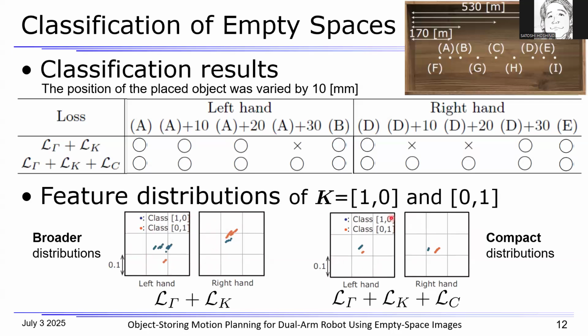But on the other hand, on the right, the distributions were more compact. So this result indicated that deep metric learning enabled the classifier to extract distinct feature vectors even from these visually similar images. That's why this classifier was able to identify the correct empty spaces in all the environments.